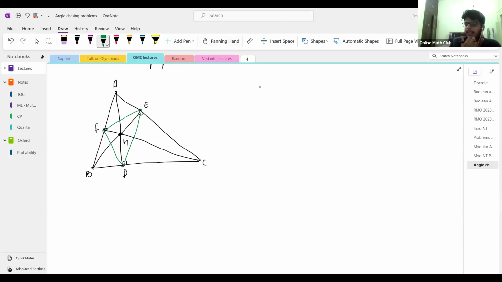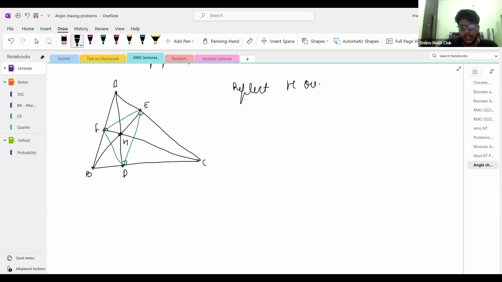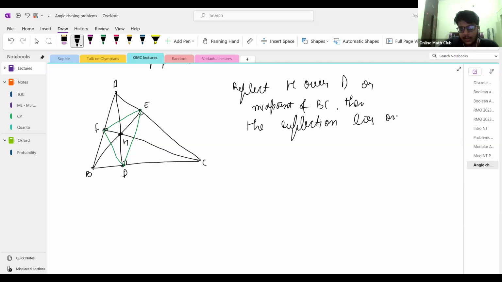Also, one more thing about angle chasing, which we'll realize while solving problems itself: one thing about the orthocenter is, if you reflect H over D, or over the midpoint of BC, either of these two points, then the reflection lies on the circumcircle of ABC.